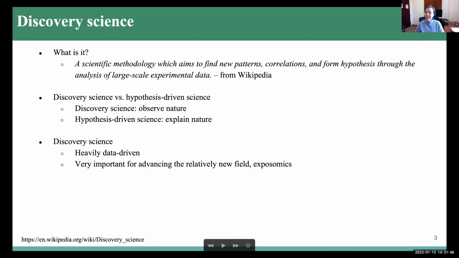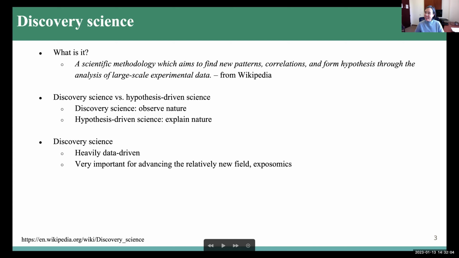We all know that on the science horizon, discovery science is taking a foothold now because of the wonderful instruments that our community has access to.